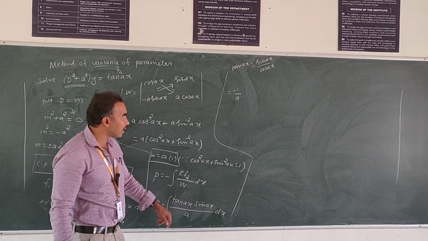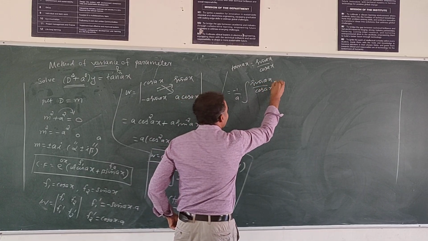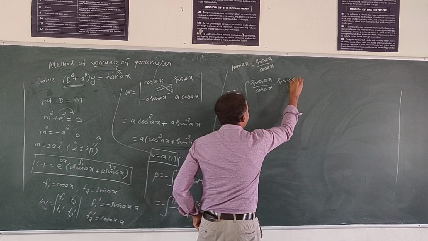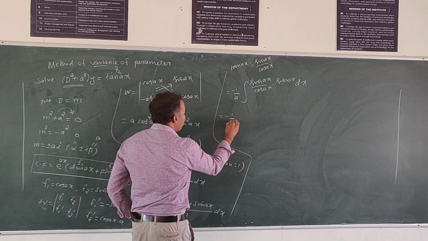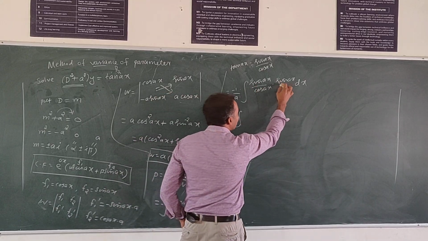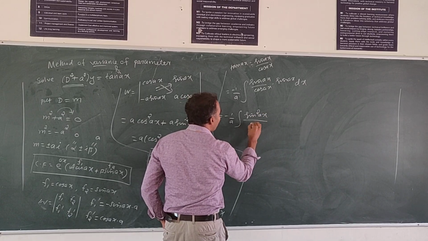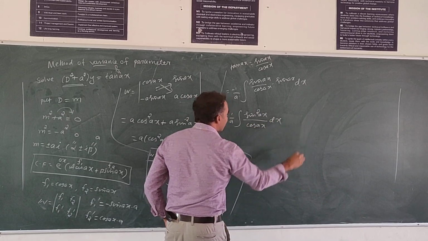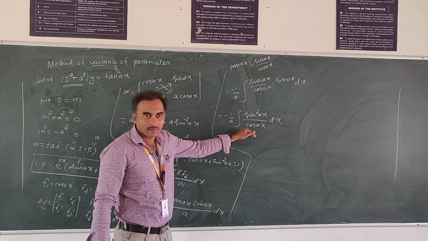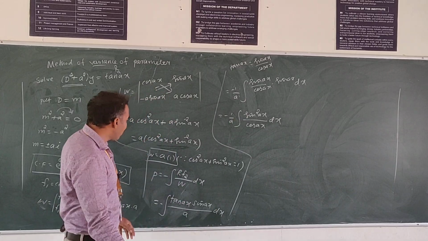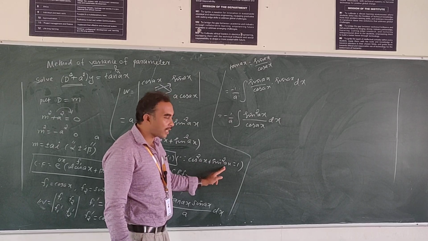So P = −(1/a) ∫ (sin ax / cos ax) sin ax dx = −(1/a) ∫ sin² ax / cos ax dx. In the denominator cos ax is there, in the numerator sin² ax is there. We have the formula cos² ax + sin² ax = 1.